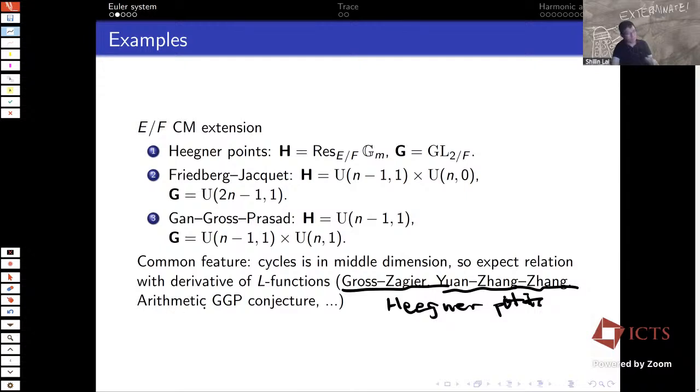And later, Wei Zhang formulated the arithmetic GGP conjecture. It was already formulated in GGP, but Wei Zhang gave a more precise formulation later. This is still wide open as a conjecture, but it predicts some relations between the height of the GGP special cycle and the derivative of certain Rankin-Selberg L-functions.